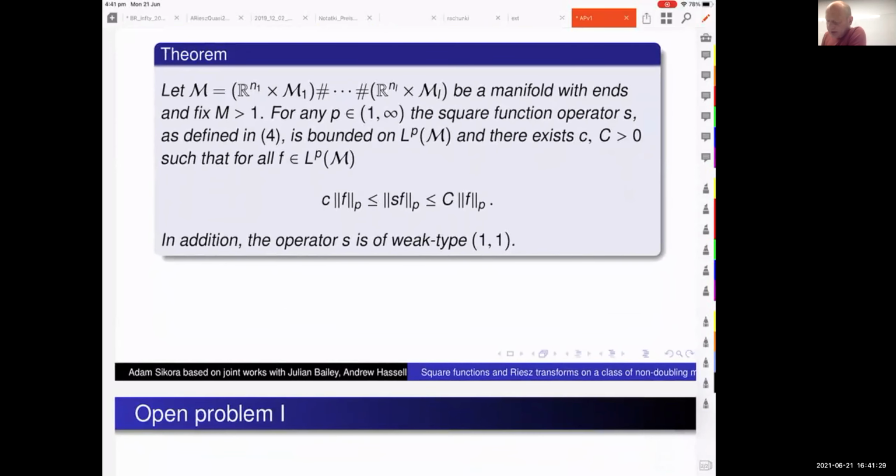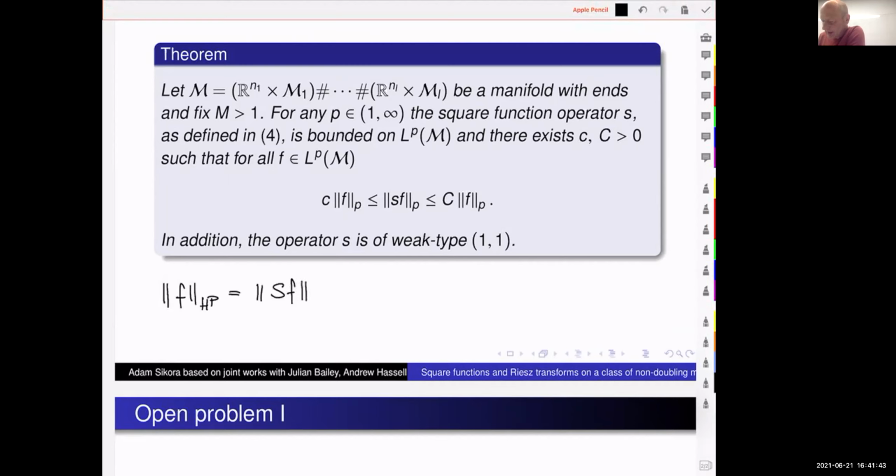So I already said that there's a way of defining Hardy spaces, right? So you define this H^p as the norm of S f in L^p, right?